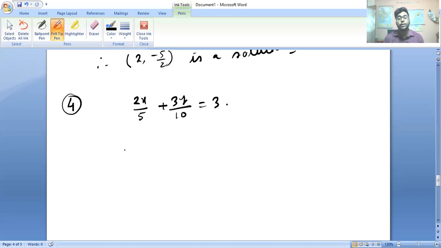Our first objective is to keep the y term, that means the term containing y, on the left hand side and the term containing x on the right hand side. So we have 3y by 10 is equal to 3 minus 2x by 5.